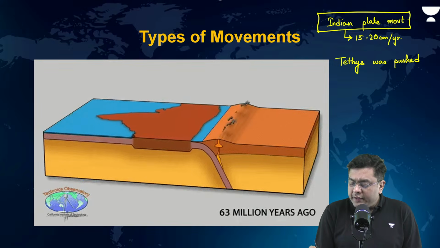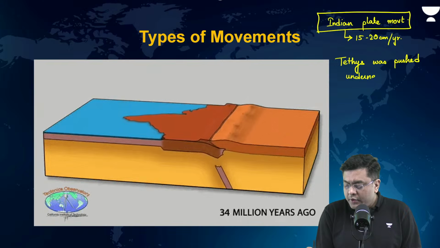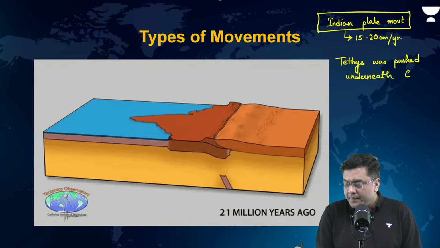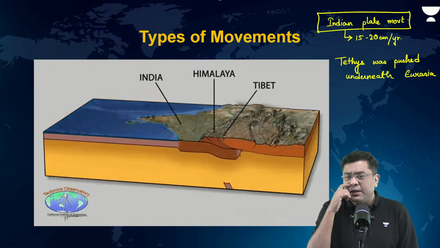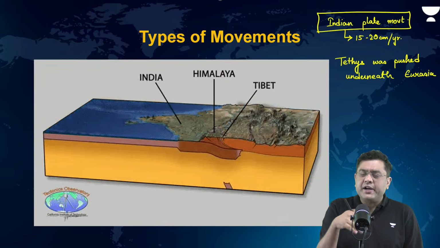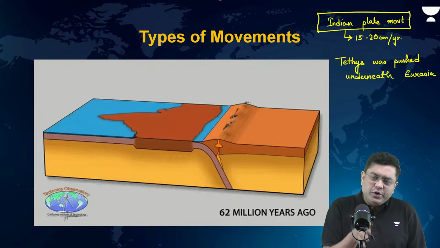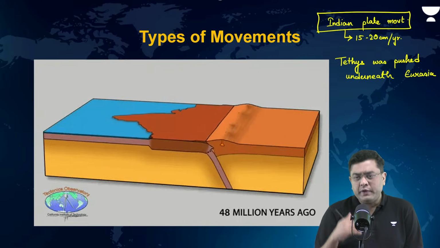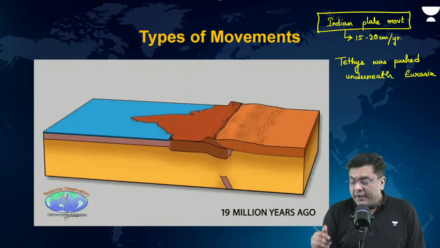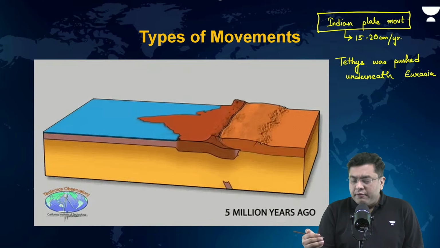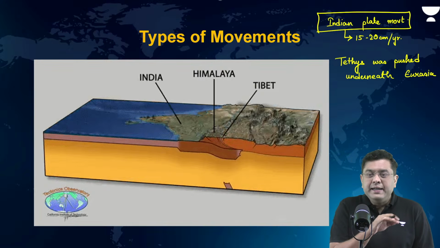Okay, so Tethys was pushed underneath Eurasia, almost 5,000 square kilometers. They underwent subduction. To the north, the Trans-Himalayas were also created during the same folding process of the Himalayan region, right?